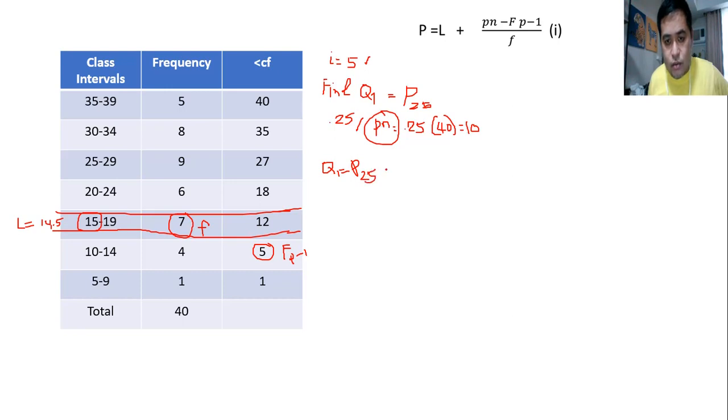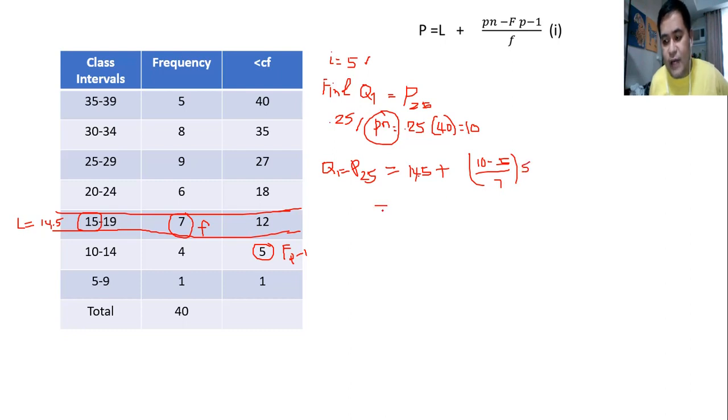So substitute now the given to the formula. L is 14.5, plus, so we have already Pn. Your Pn is 10, minus, of course, your F sub P minus 1 is 5, divided by 7. Your interval is 5.